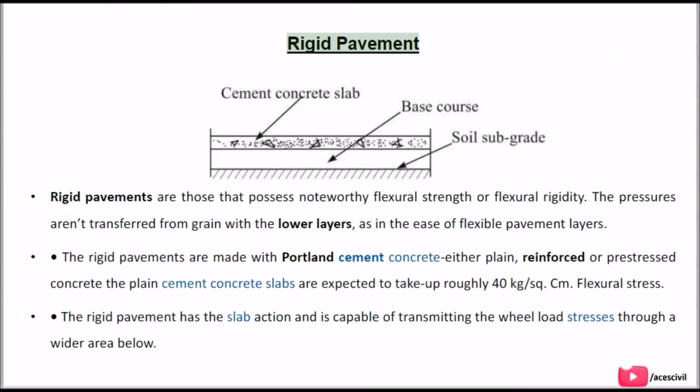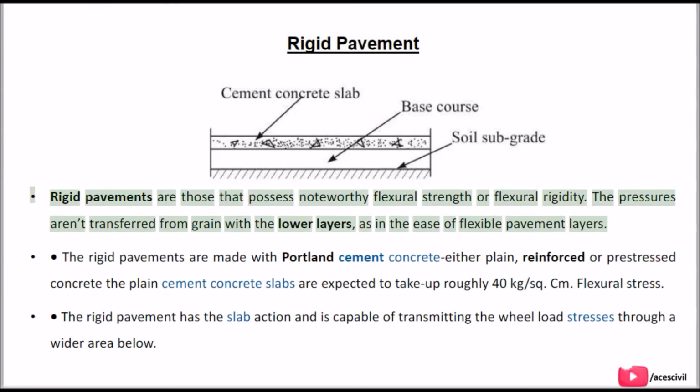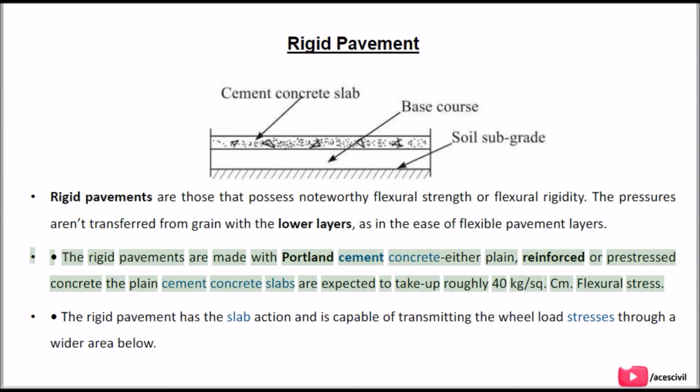Rigid pavement. Rigid pavements are those that possess noteworthy flexural strength or flexural rigidity. The stresses are not transferred from grain to grain to the lower layers, as in the case of flexible pavement layers. The rigid pavements are made with Portland cement concrete, either plain, reinforced or pre-stressed concrete.